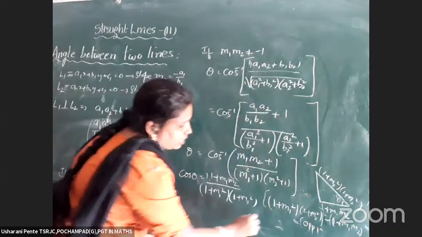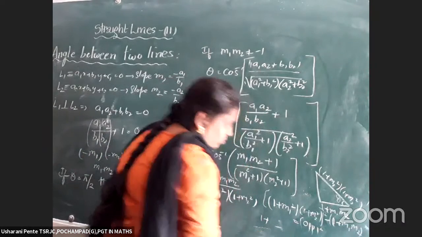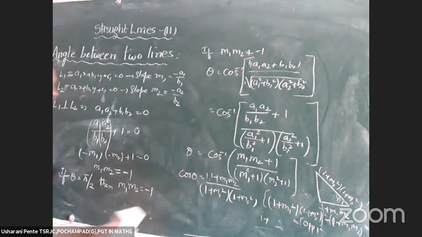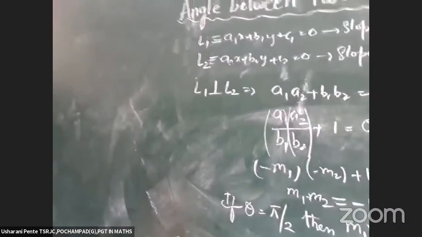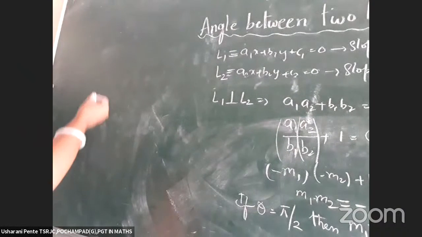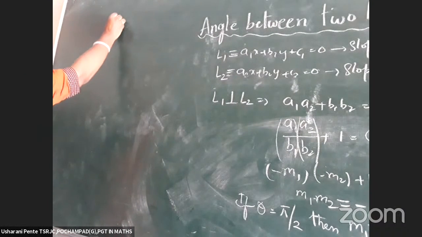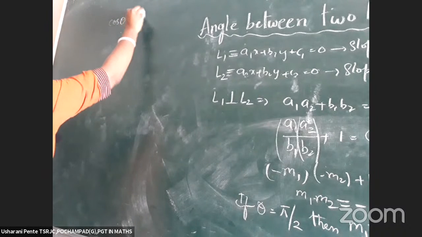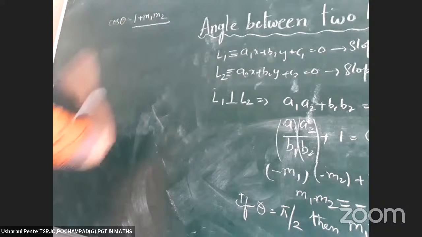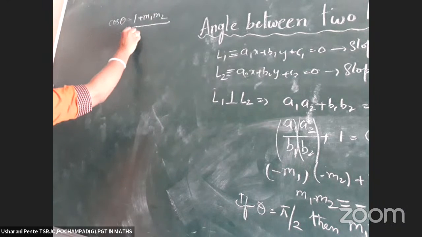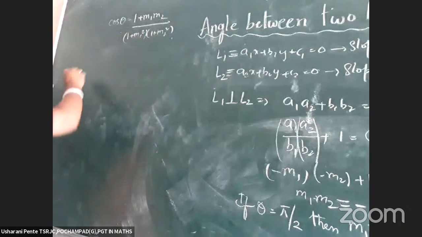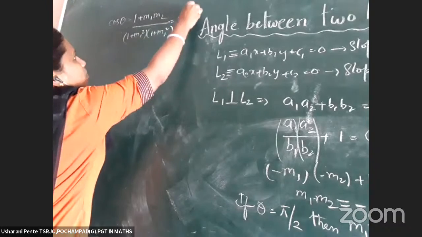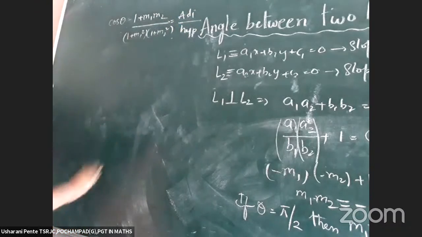Just we will find this part. We have cos theta is equal to 1 plus m1 m2 by under root of 1 plus m1 square into 1 plus m2 square, so this is adjacent by hypotenuse.